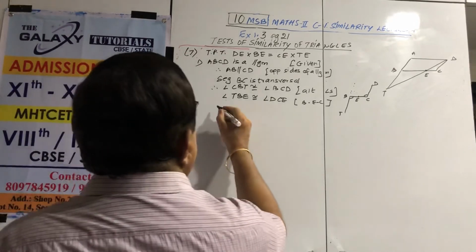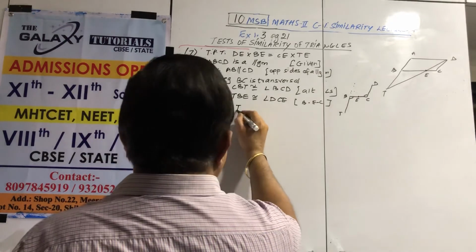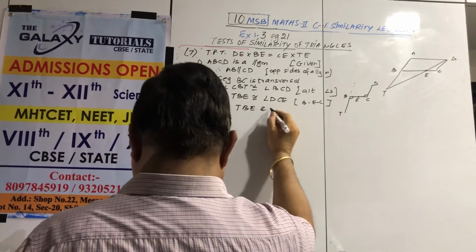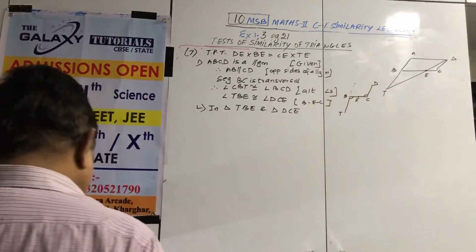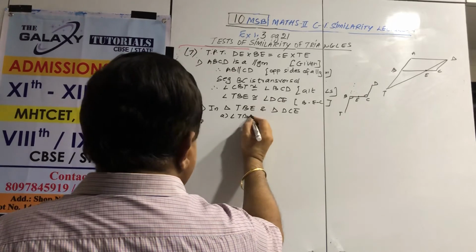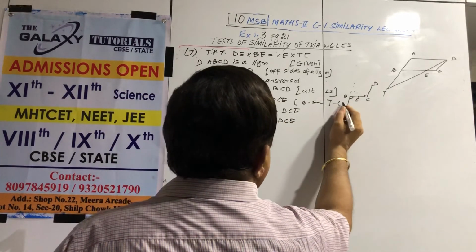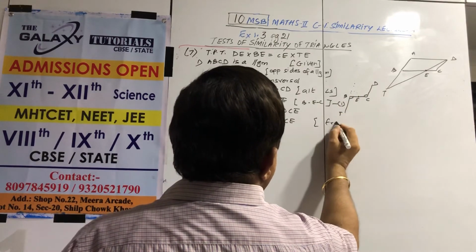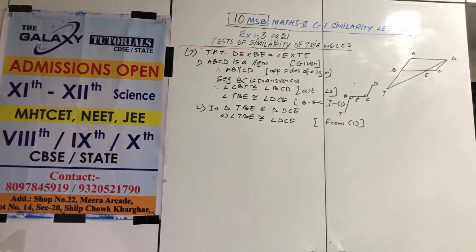Now, in triangle TBE and triangle DCE, first, angle TBE is congruent to angle DCE. We should mark this as 1, so I can write it from 1. If I leave a mark, otherwise I'll have to write again.